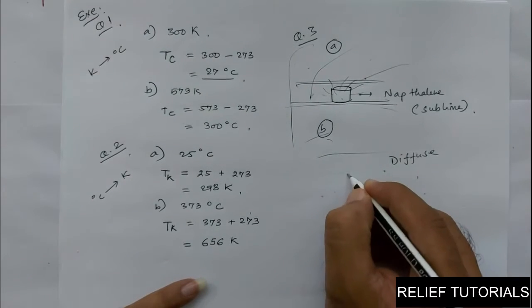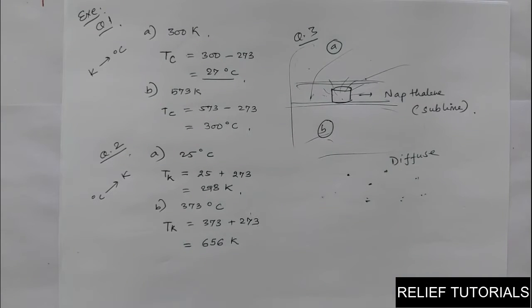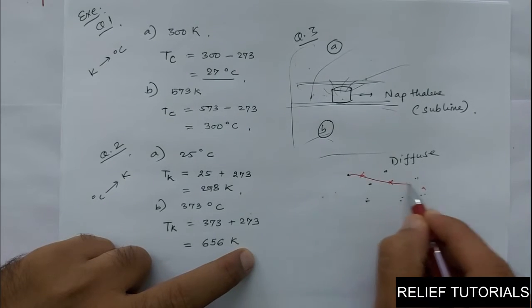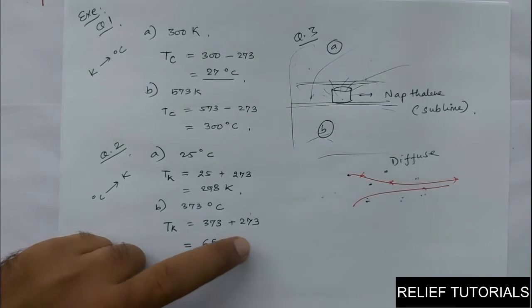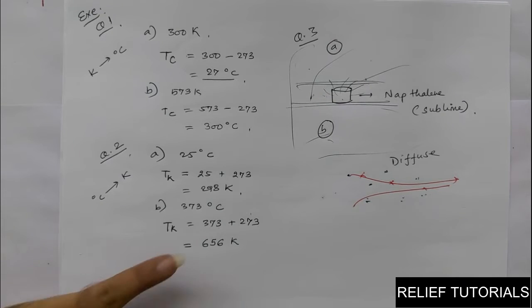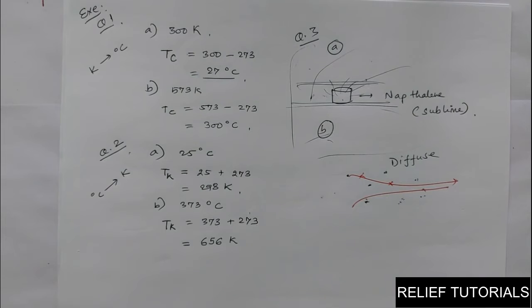These are the air molecules, and in between them the perfume molecules get diffused and go with the air, and so the smell of perfume reaches several meters away with the help of diffusion, as well as the kinetic energy present in the molecules.